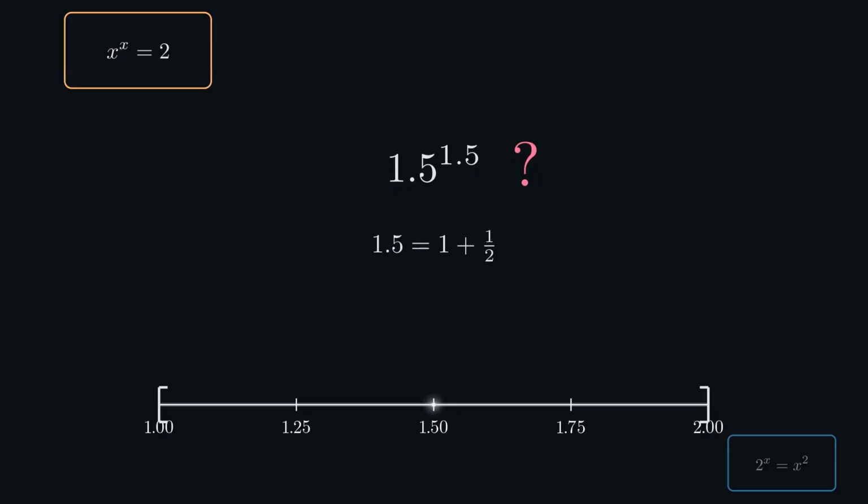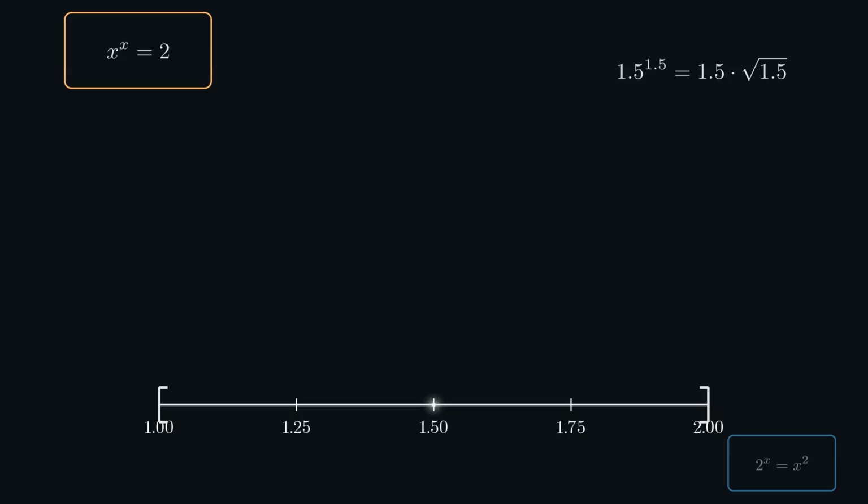Okay, think. 1.5 is 1 plus a half, and a power of a half is a square root. So 1.5 to the 1.5 is 1.5 to the 1 times 1.5 to the half. It's 1.5 times the square root of 1.5. Oh, that's lovely. I can do that.